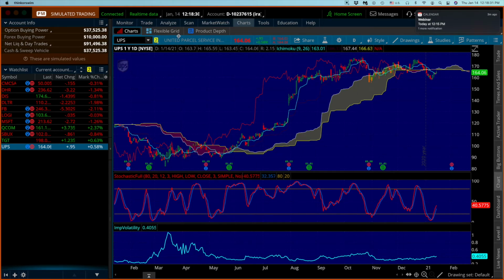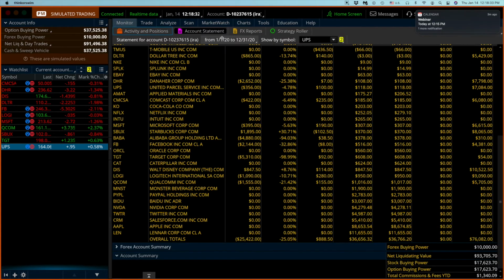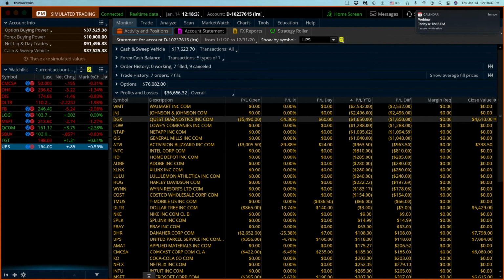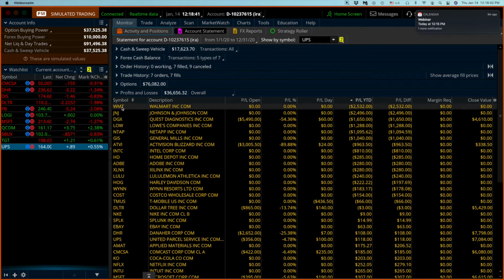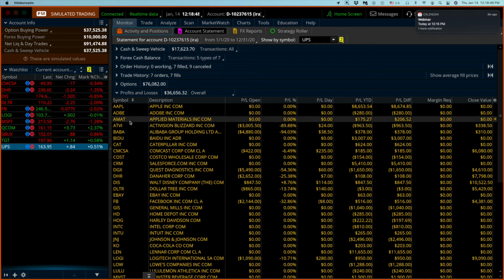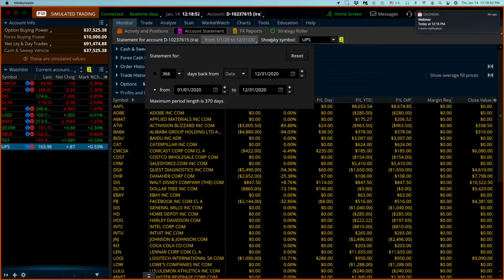I am tempted to get rid of this trade. And I suspect it hasn't been doing well by the look of the, let's click at the symbol here. Let's reset. Now we need to see our current status.